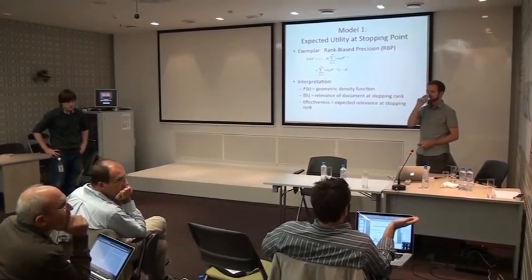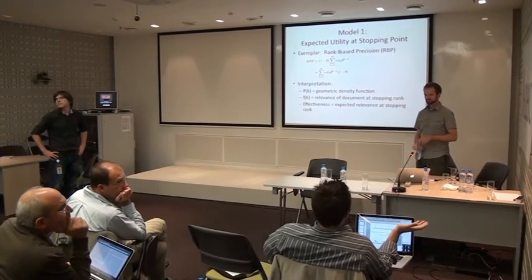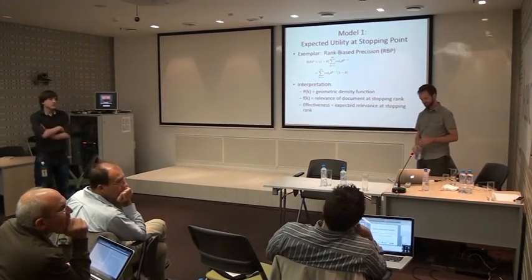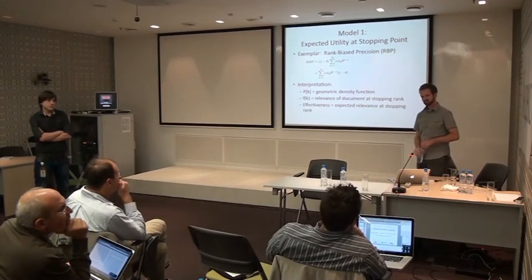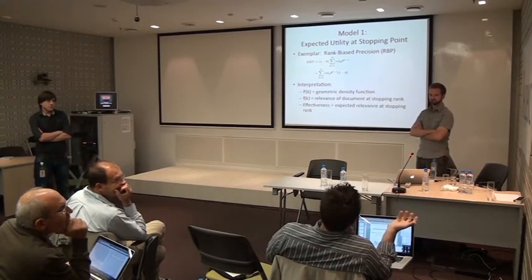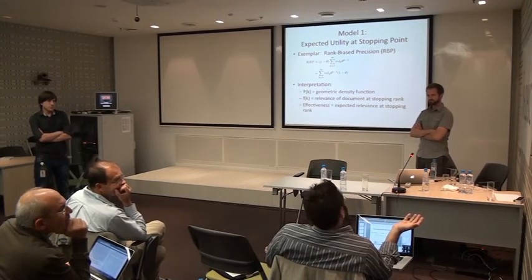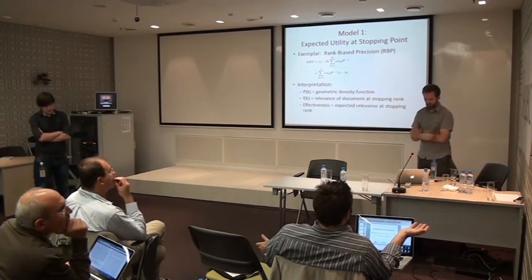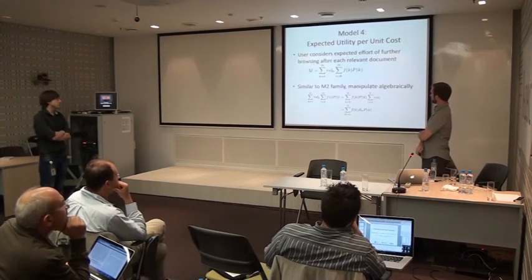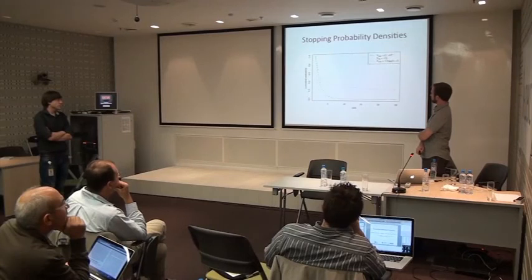So if it's less than 0.9, that's considered to have some significant differences between the two rankings. So we see that among our 4 measures, RBP has the worst tau correlation. DCG has the best. And AP is pretty much right at 0.9.